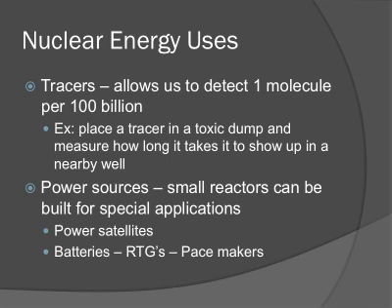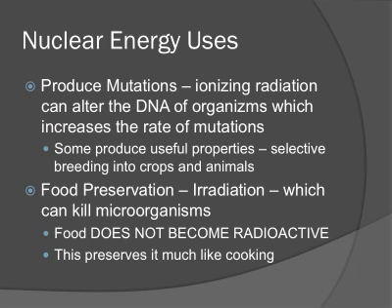All right, a few more types that we do. Nuclear energy can also produce mutations, which is usually a bad thing, but sometimes it's a good thing. Ionizing radiation, which is, again, the radiation that transfers electrons back and forth really fast, can alter the DNA of organisms, which can increase the rate of mutation, which usually is bad, but there are a few good applications for it.